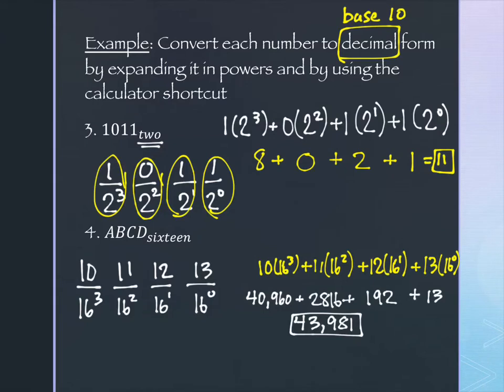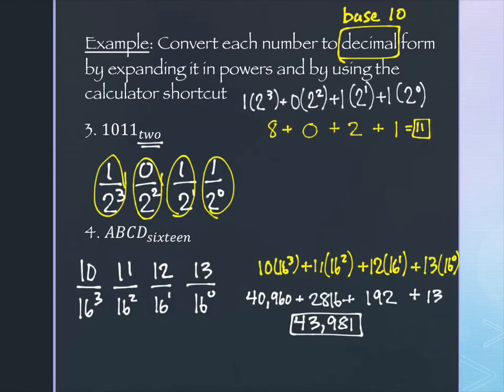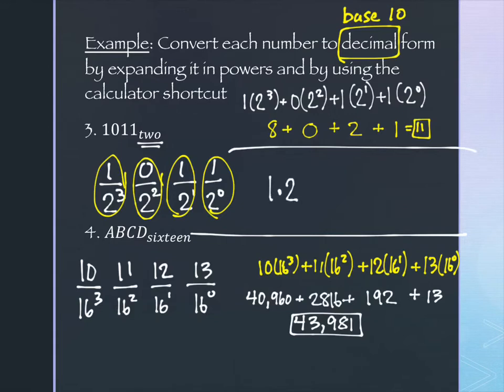Okay, so this one I'll just shrink for now. All right, to do the calculator shortcut, here's the way that it works. We take the numbers in order, and we simply multiply them by the base. Not the base to the power, but just the base. So I have 1 times 2, and I put it in parentheses.